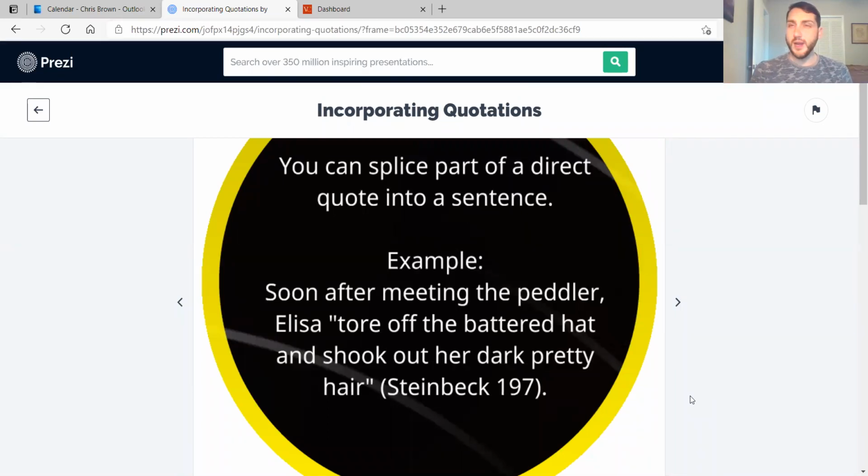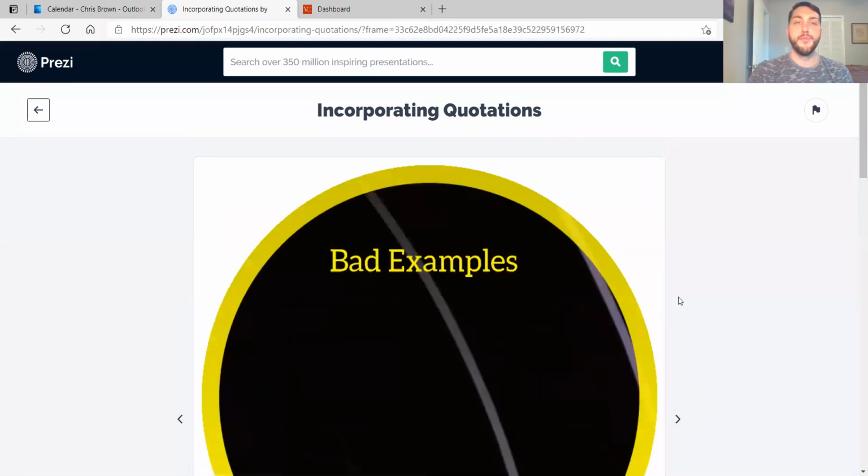Now, if you just summarize and you don't give direct quotes, you don't need the page number. And if you use a source that doesn't have page numbers, say an online source, you also don't require it. So here they've actually put it into the structure of the sentence, right? Elisa tore off is actually the main noun and verb of this sentence. And this is just an introductory clause, but the whole thing works together as a full sentence.